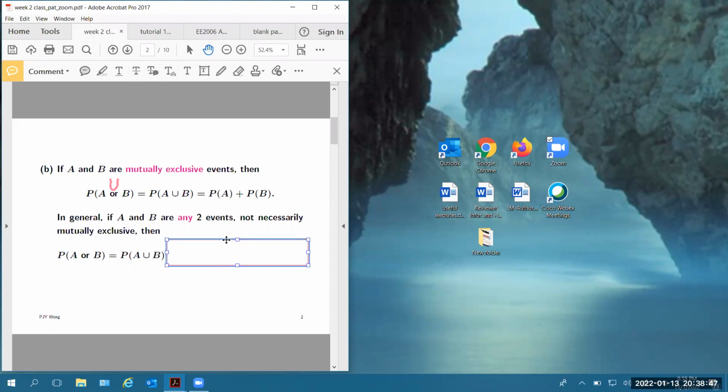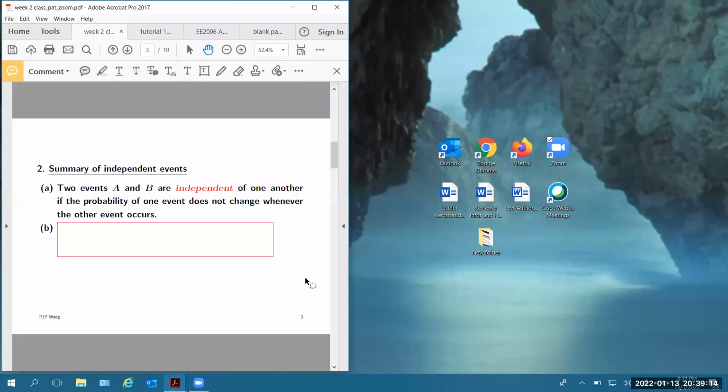No, it will be different, because this one is only for A and B mutually exclusive. But in general, this is what you have: the probability of A plus the probability of B. So this part is the same, right? But you need to subtract the probability of A and B. So this is what we have here. That's all about mutually exclusive events.